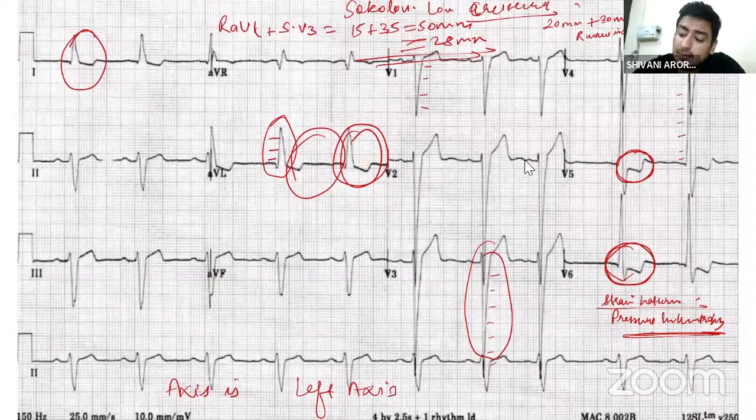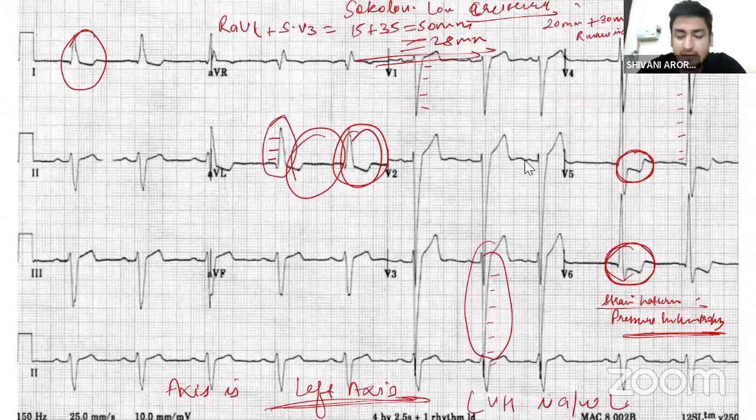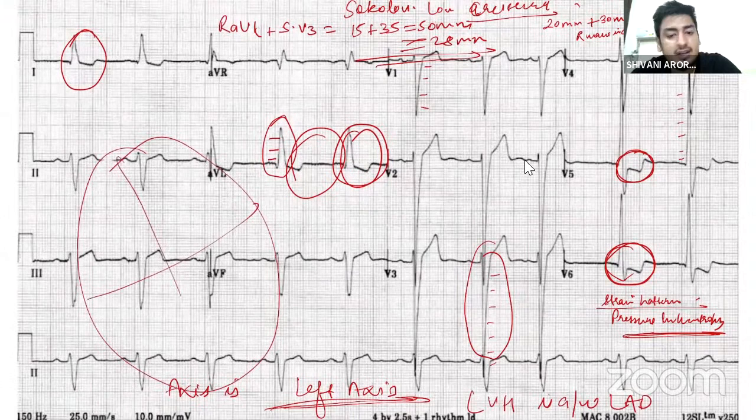Most of the time LVH is associated with left axis deviation also. Because suppose this is the heart, if there is LVH, the direction of major ventricular depolarization would shift to this side, leading to the leftward axis.